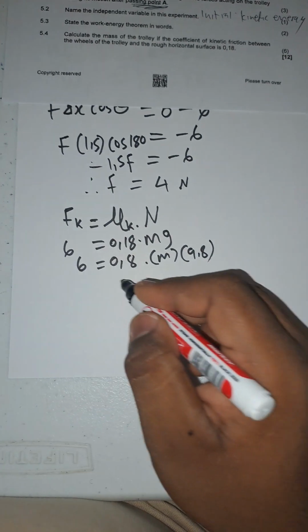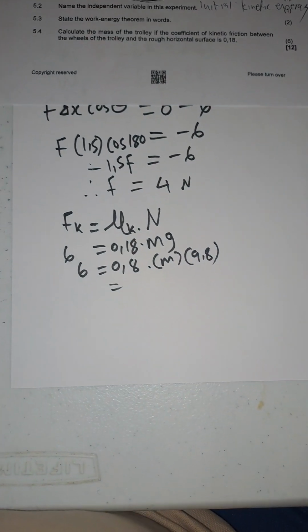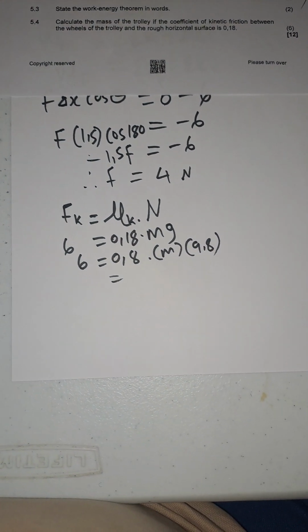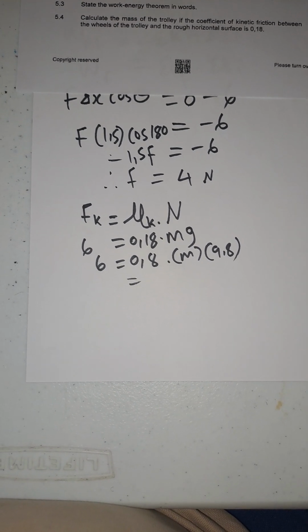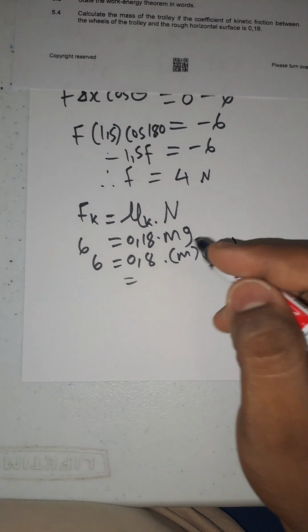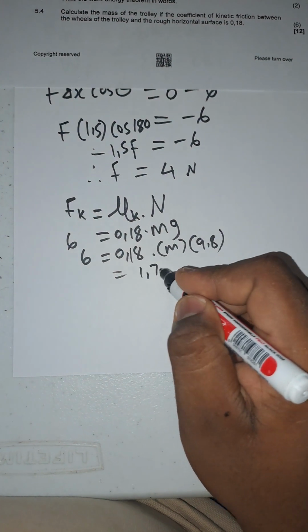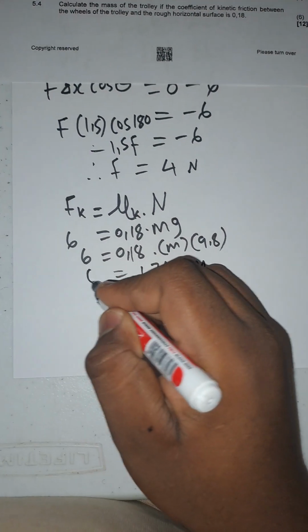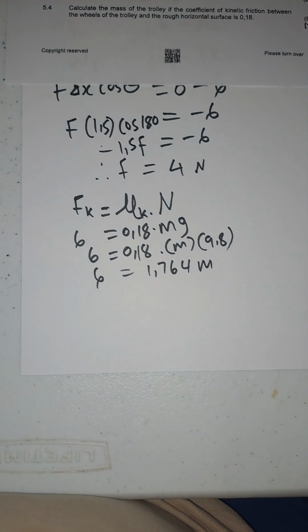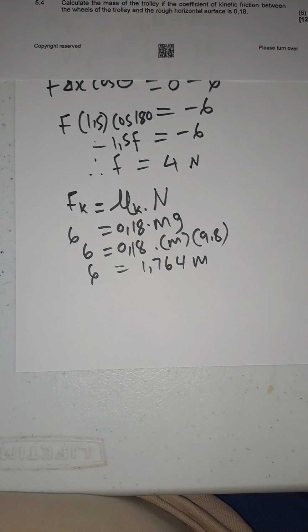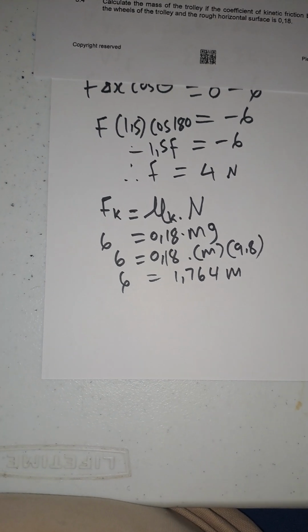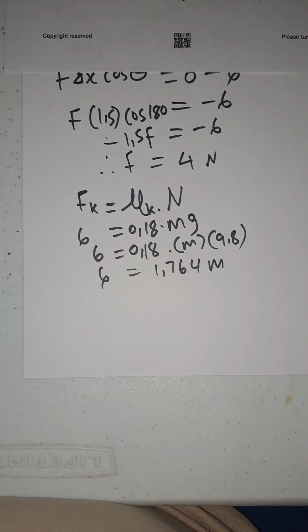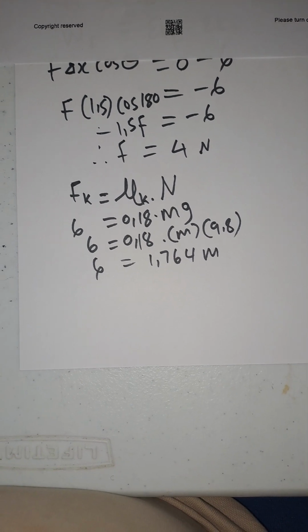Okay, so now we are simply going to find our answer. What is 0,18 times 9,8? It is 1,764 m. Then we must divide 6 by 1,764.